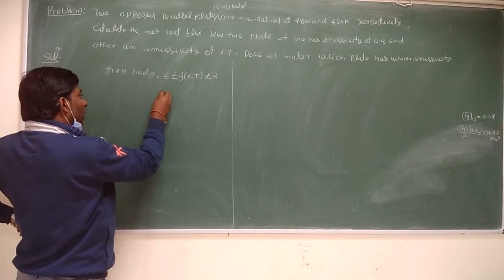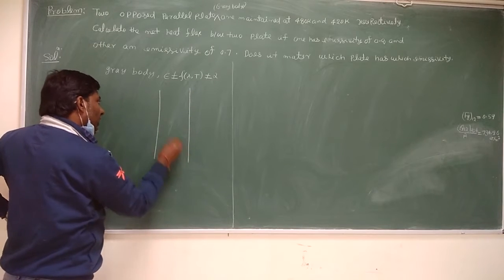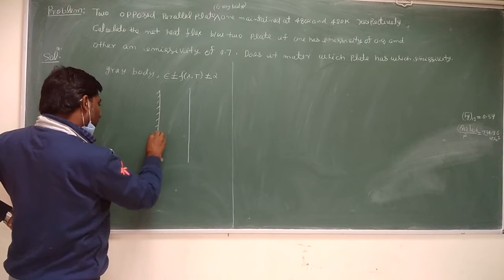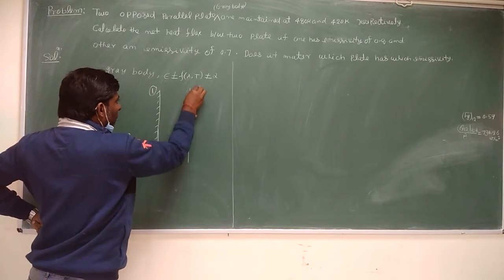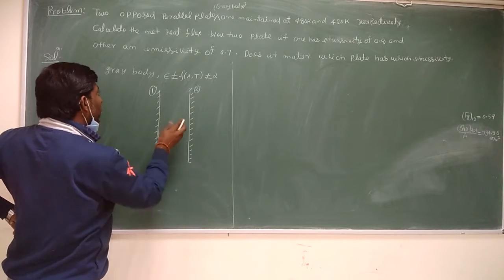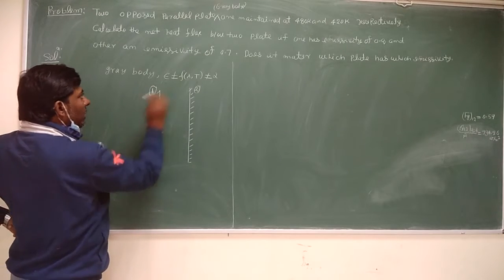So there are two large parallel plates. Suppose this is plate number 1, and this is plate number 2. They are very large and opposed, means they are parallel. So this is 1, this is 2.